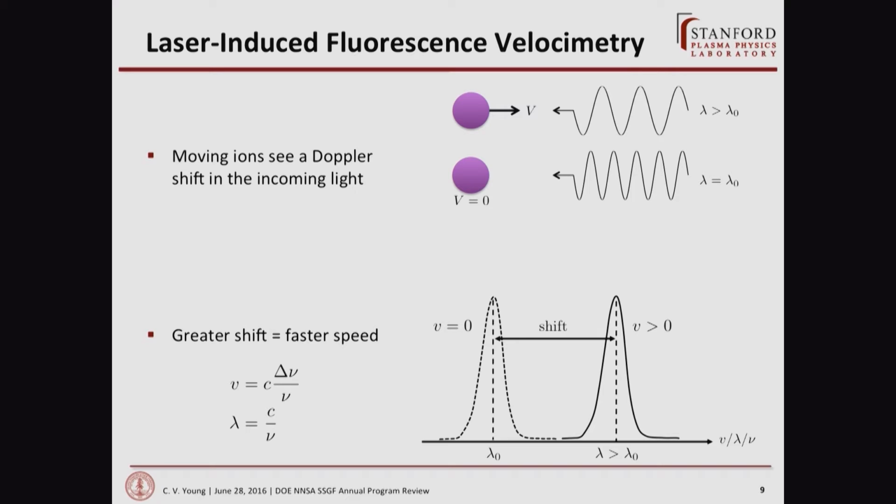That atom is now going to see a slightly shifted frequency. And so you have to detune your laser in the redshift direction if the atom is going towards you in order to get that atom to absorb. So what we end up seeing is a shift away from the level where the stationary atoms would be, and the amount of this shift corresponds directly to the velocity of the atom.